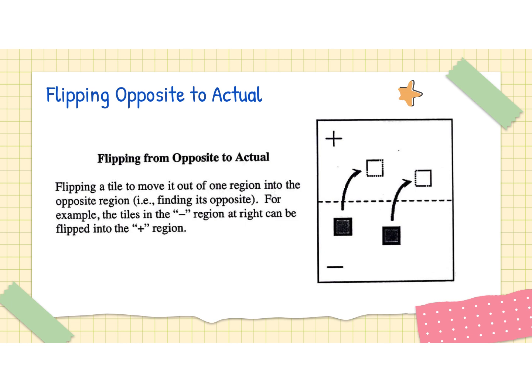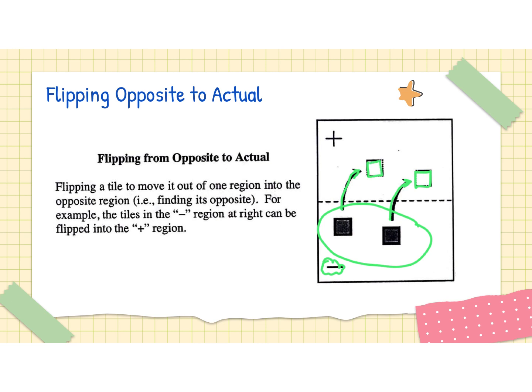Again, last week, we had the idea of taking objects, tiles, that were in the opposite region, this is the opposite region, and flipping them up to the positive region. Remember, our notes clearly stated that no tiles can live in the opposite region. When we flip them up to the actual region, we need to redraw them as the opposite value.